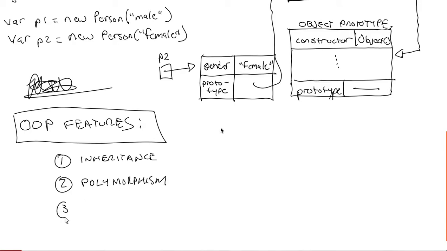And number three, you have data and procedural encapsulation. Fancy talk. All right. So inheritance, I think you guys are mostly familiar with that, right?